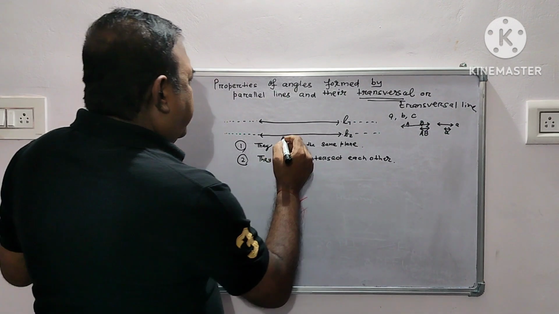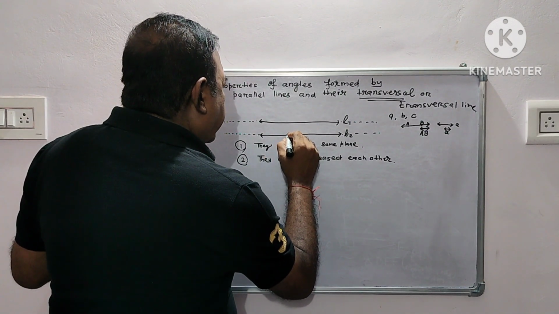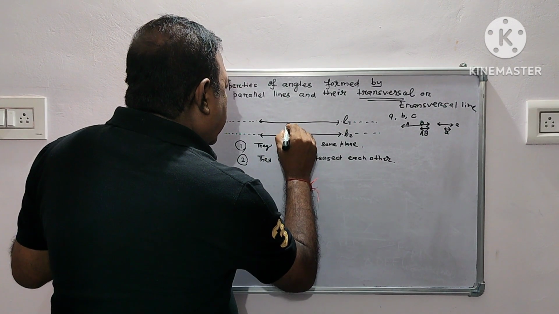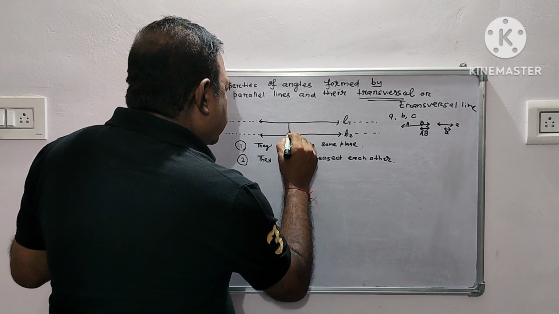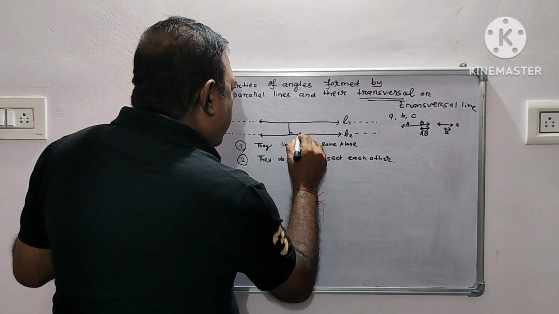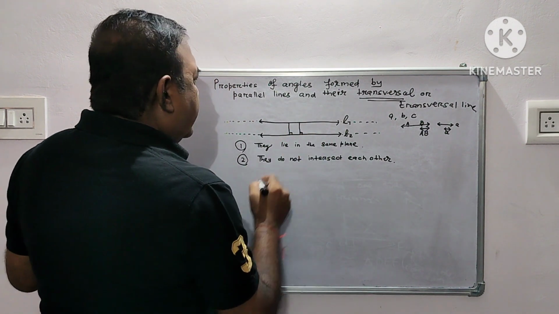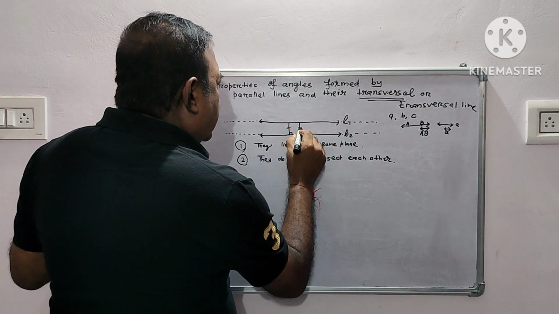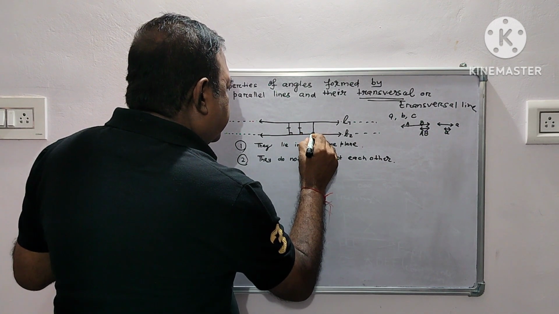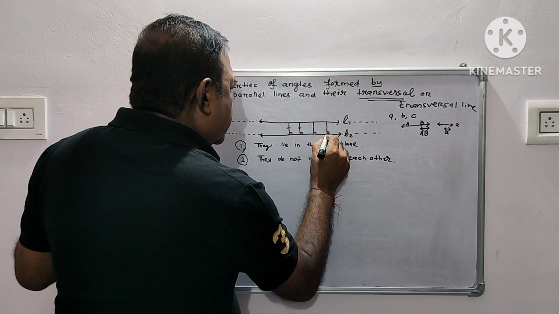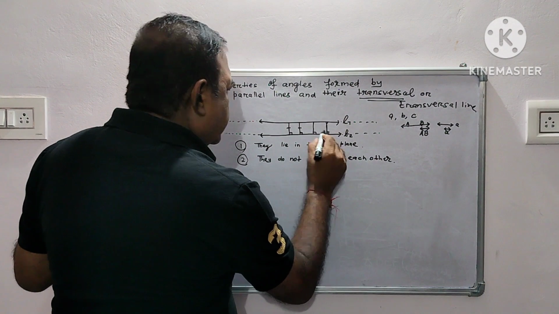If you draw a right angle here with the help of the protractor, suppose this is 90 degree. And if you draw here this angle 90 degree, you see the distance is always constant.